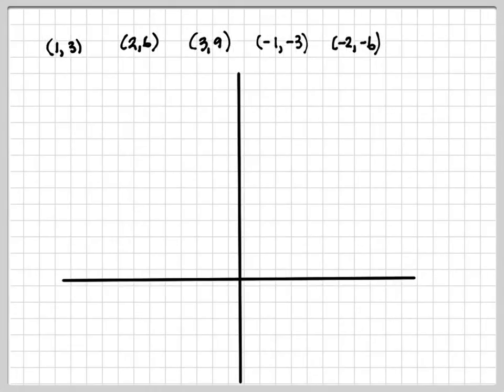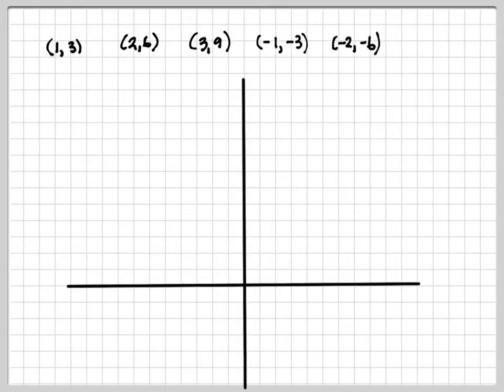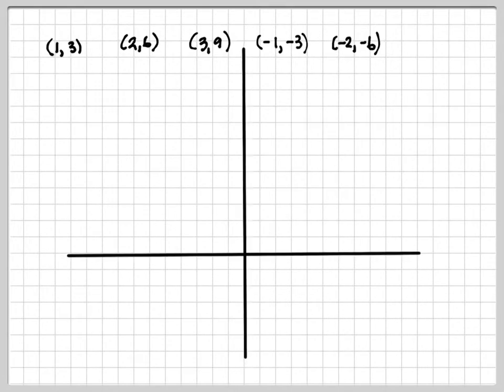That one. All right, so we'll plot (1,3). So that would be here. I have (2,6). That's here. So I'm at a height of 6. This is a height of 3. And I have (3,9). So 9 would be here and here. Actually, let me label them as numbers since the grid marks are already marked. 1, 2, 3.